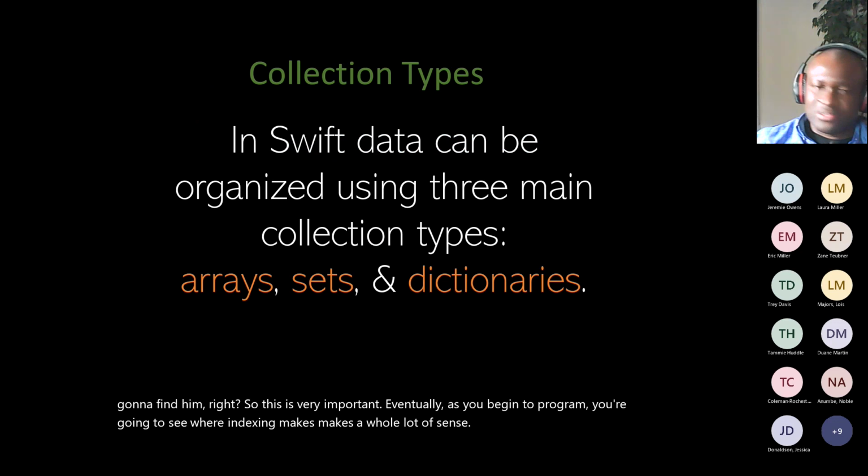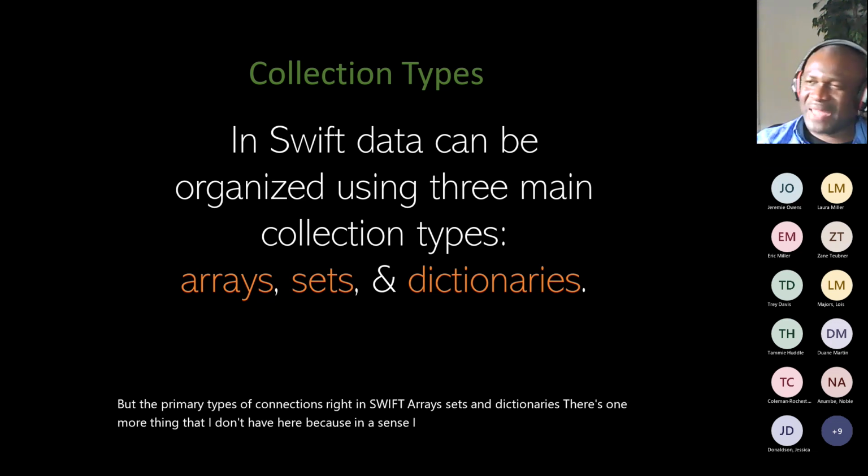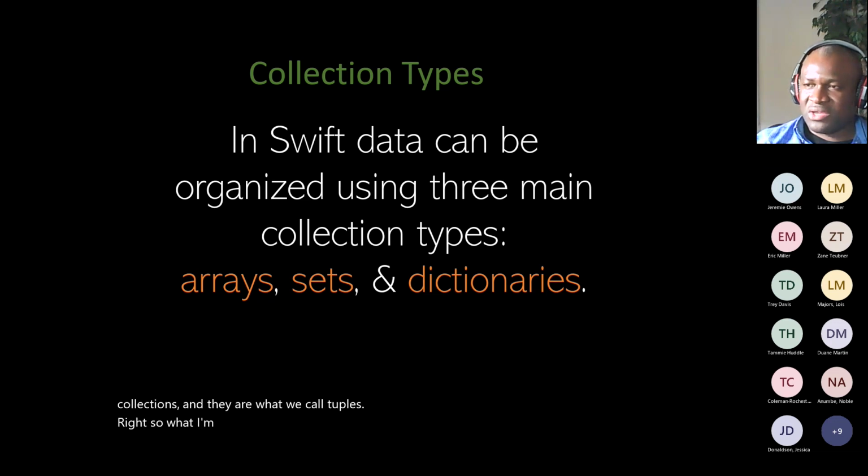So talking of collections, there are several types, but the primary types of collections in Swift are arrays, sets, and dictionaries. There's one more thing that I don't have here, because in a sense, I don't consider them primary collections, and they are what we call tuples. I'm not going to dwell a lot on these collection types.